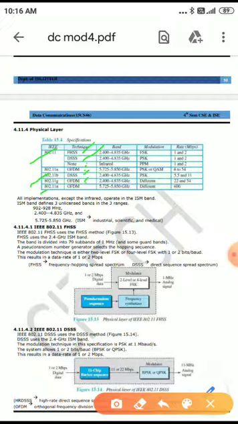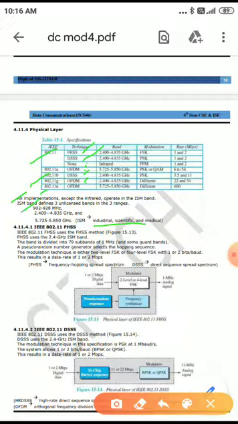In all the implementations, except infrared, the operation is in the ISM band. What is meant by ISM band? Industrial, scientific, medical band. The ISM band defines three unlicensed bands in three ranges.